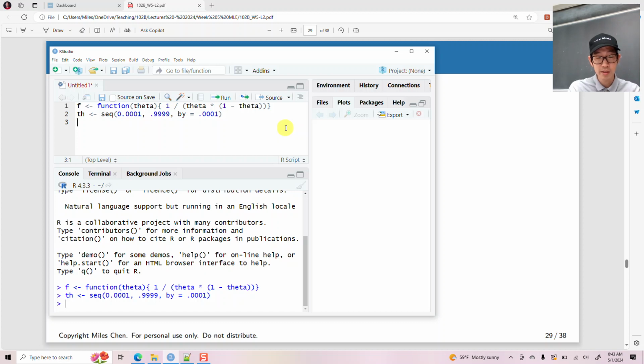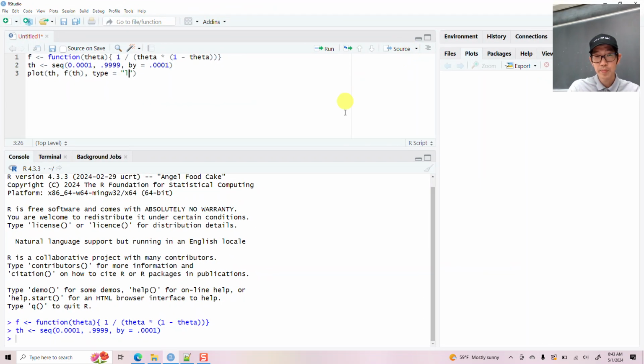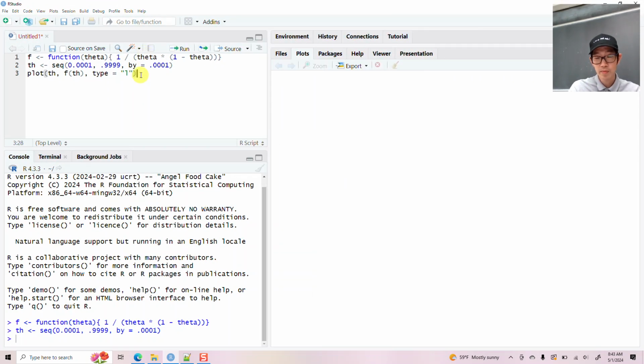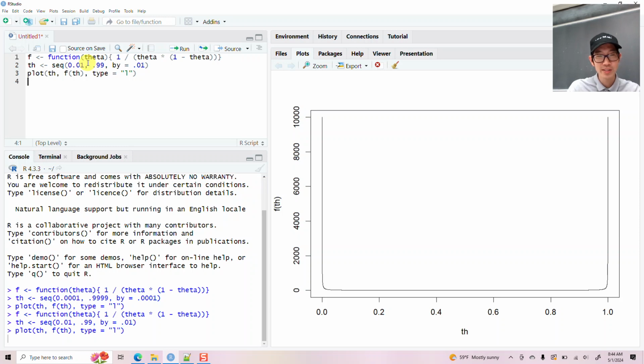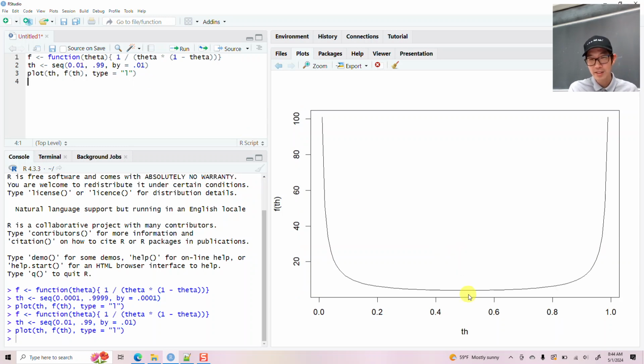Okay. All right. So we'll plot theta and f of theta, type equals L. Let's just, I think we're going to get too much here. Okay. All right, so we get this.